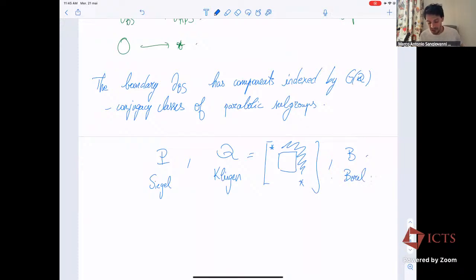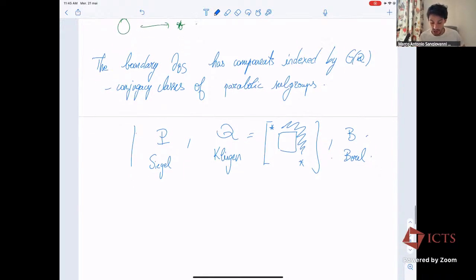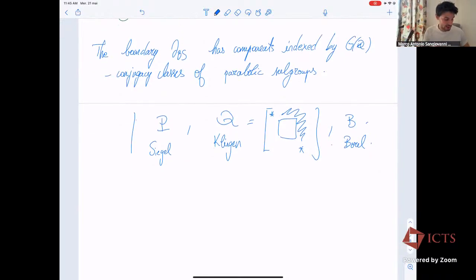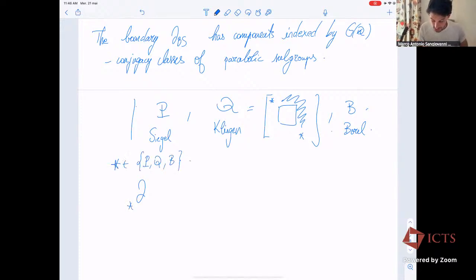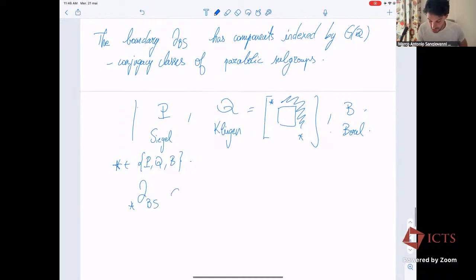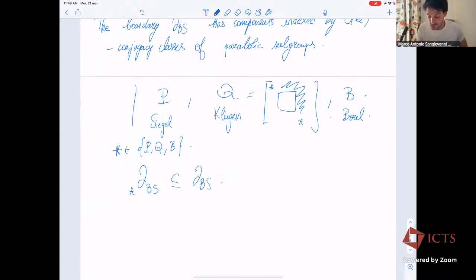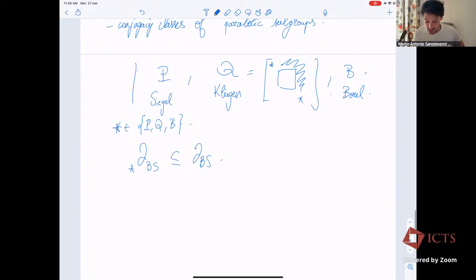Okay, so I will mainly focus on the boundary component attached to the conjugacy class of the Siegel parabolic. And let me just state that always, if star is in P, Q, or B, delta star BS is the component corresponding to this conjugacy class, and there are closure relations.